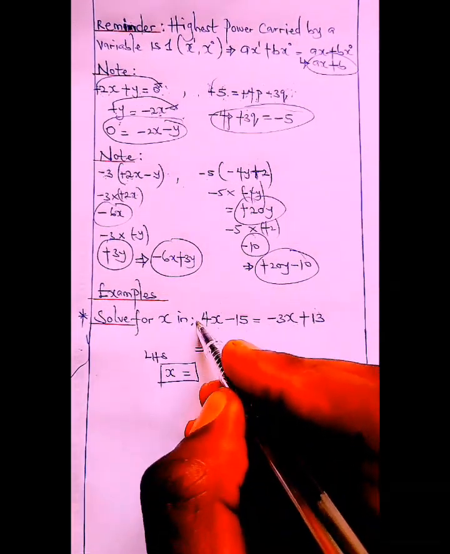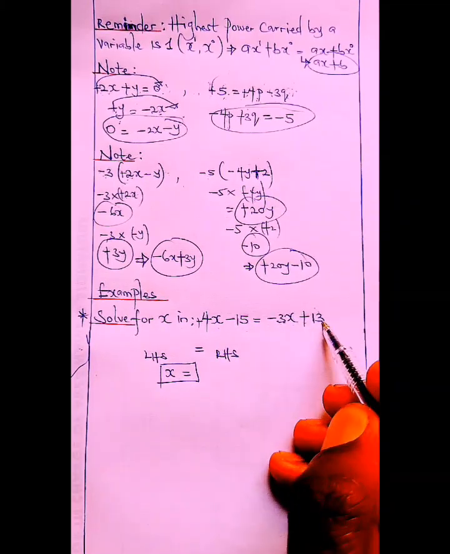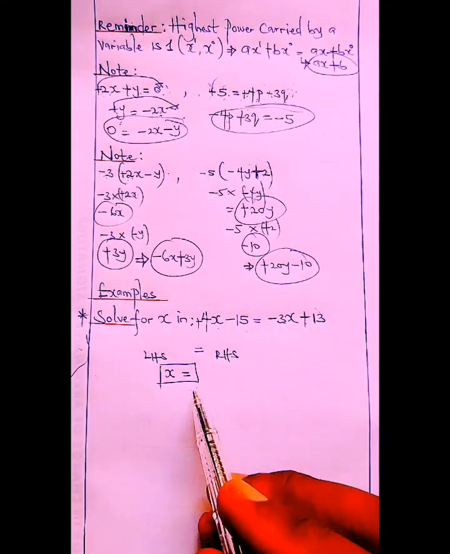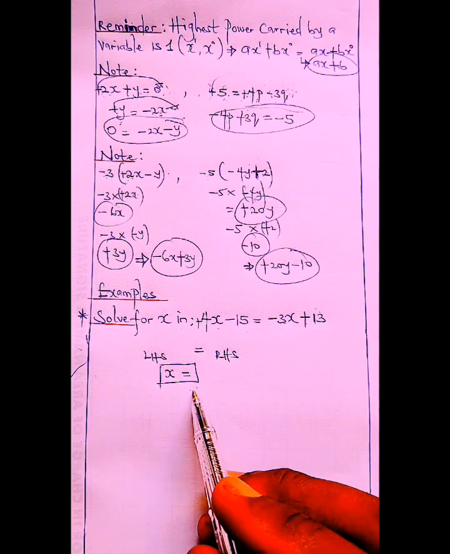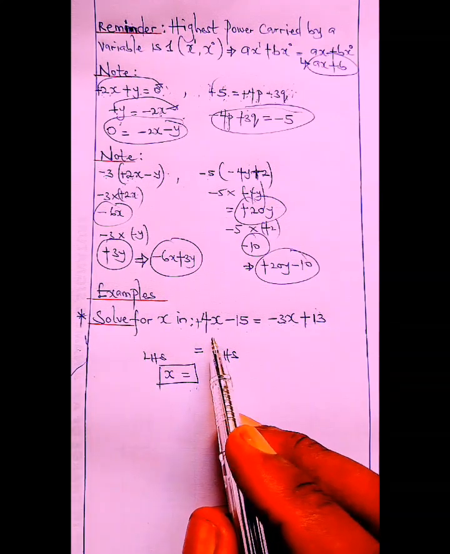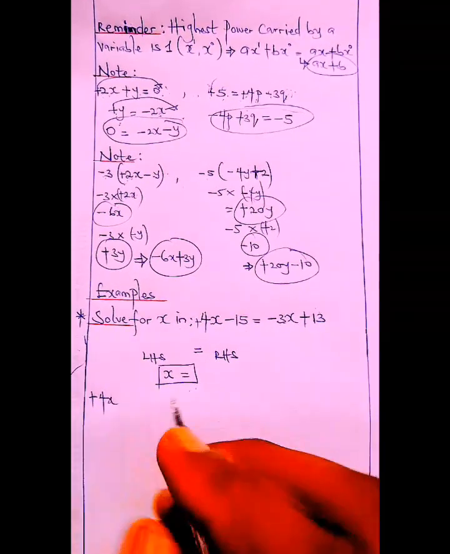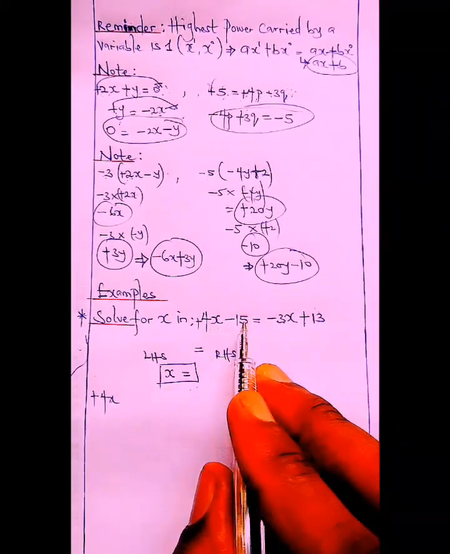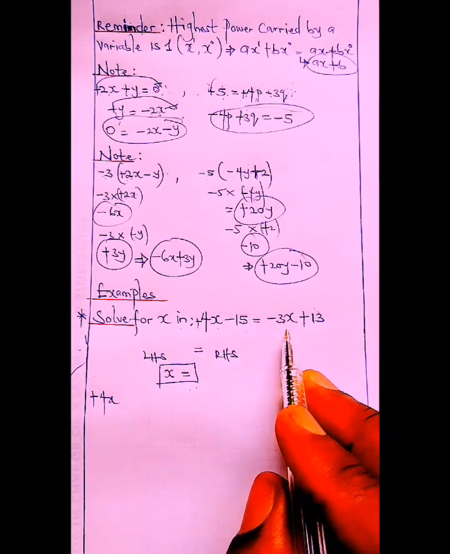So this plus 4x, this minus 15, minus 3x plus 13. We want all the quantities with unknown x to be on the left-hand side. So the first we have here is plus 4x. Now plus 4x is already on the left-hand side. Do I have another x on the left-hand side? No. So we're going to check the other side. On the right-hand side we have minus 3x.